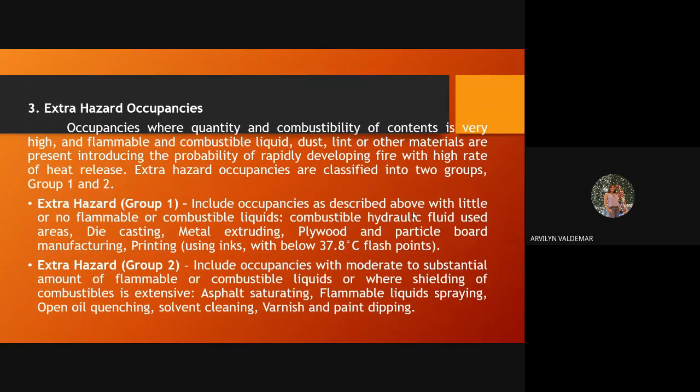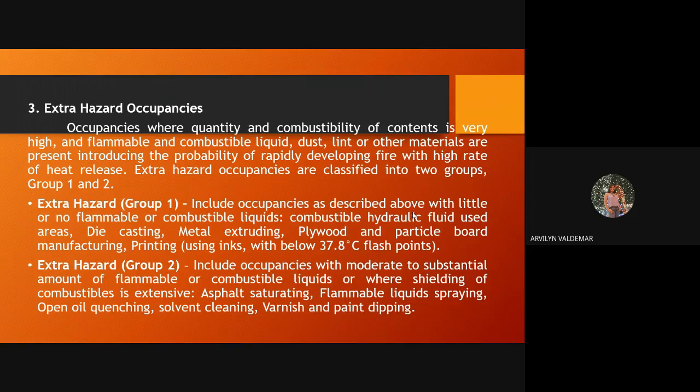Next is extra hazard occupancies. Occupancies where quantity and combustibility of contents is very high, and flammable and combustible liquids, dusts, inks or other materials are present, introducing the probability of rapidly developing fire with high rate of heat release. Extra hazard occupancies are classified into two groups. First is group 1, which includes occupancies as described above with little or no flammable or combustible liquids.